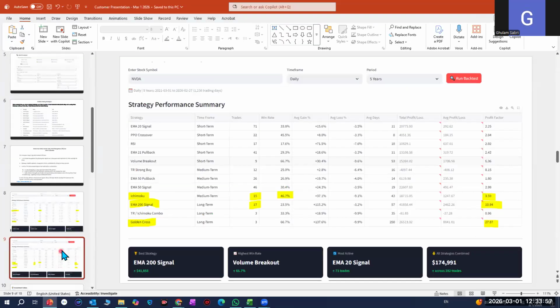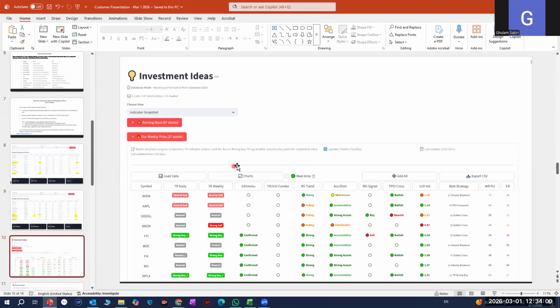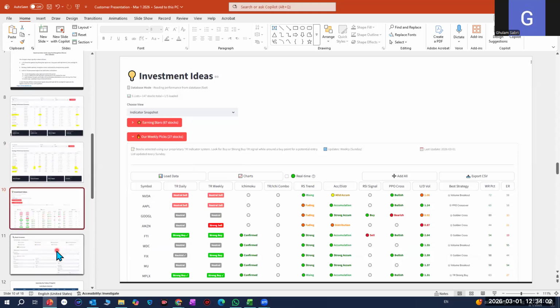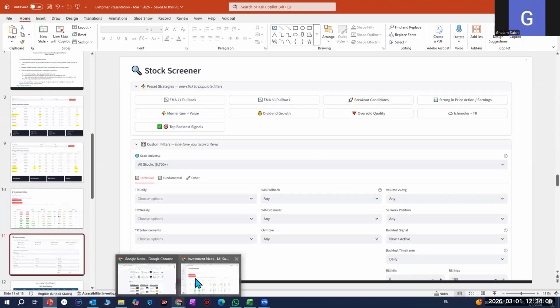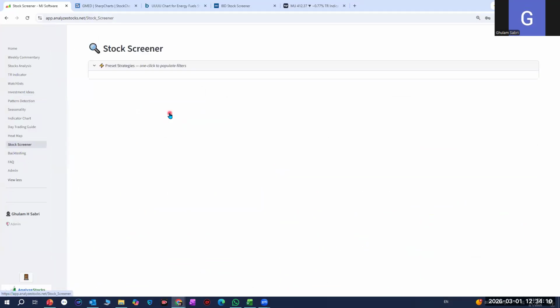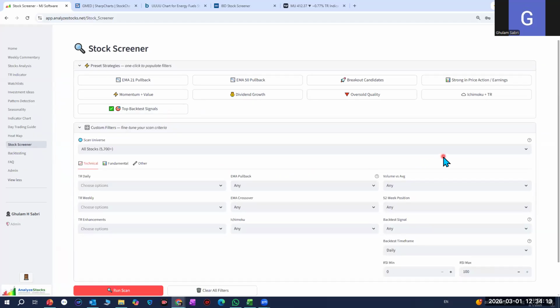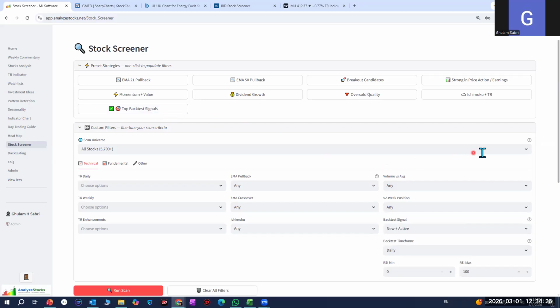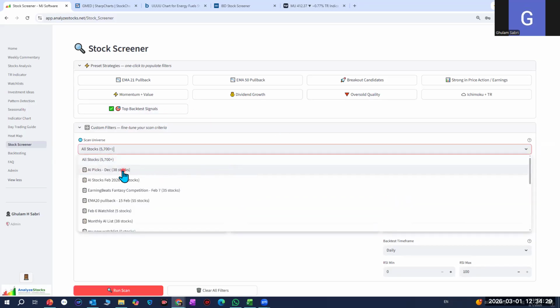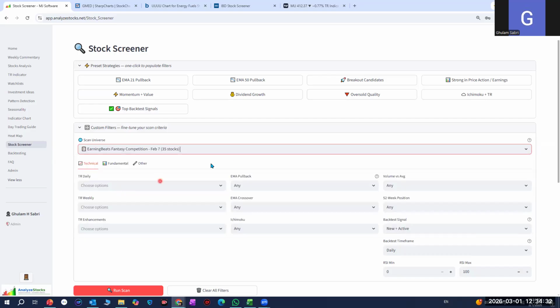Now, to complement this, I just showed you the investment ideas. We have a stock screener as well. The concept of the stock screener is this: if you go to the stock screener, you have a list, maybe your own watch list, and top backtest signals. I want, for example, my list of earnings beats fantasy competition, February 7.